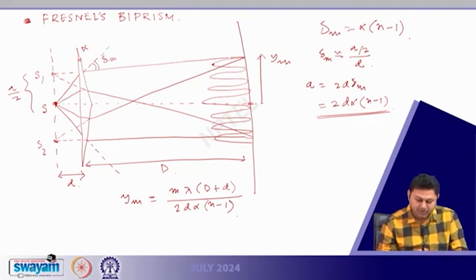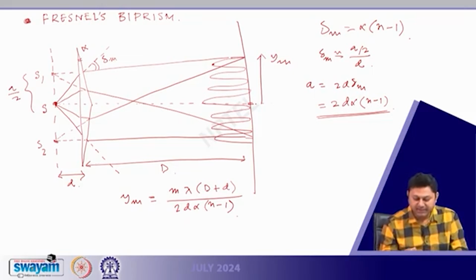So using this biprism, one can generate this kind of fringe, and by calculating the fringe width or the location of the fringe, one can also calculate the lambda once the small d value and the angle of the prism are known, and the refractive index is also known. So an unknown lambda can be figured out.